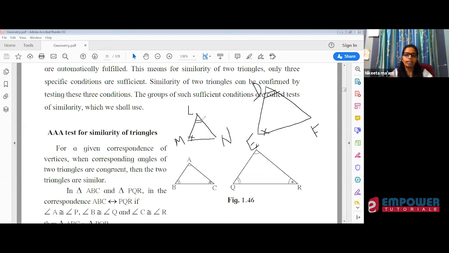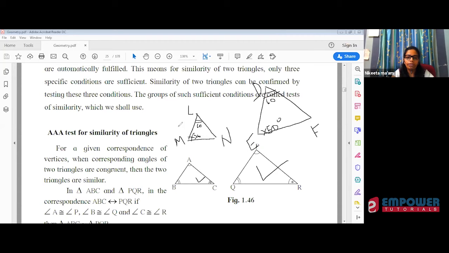So can I say that these two triangles are similar to each other? According to AAA test, we know that two triangles are similar. But according to AA test, whether they are similar or not, see, if this is 60, this will be 60, right? If this is 50, will it be 50?